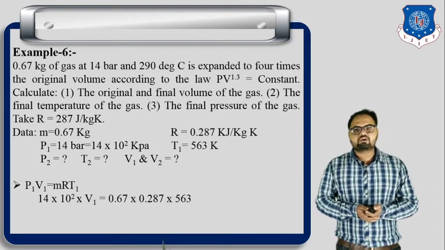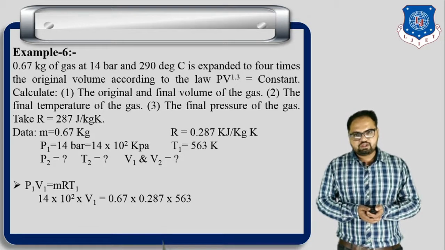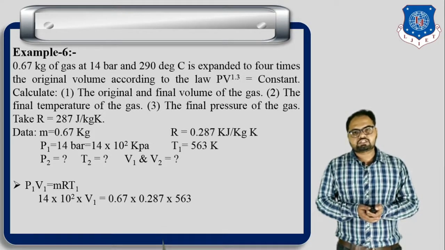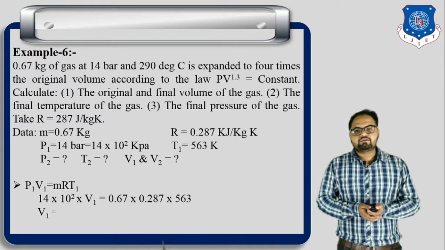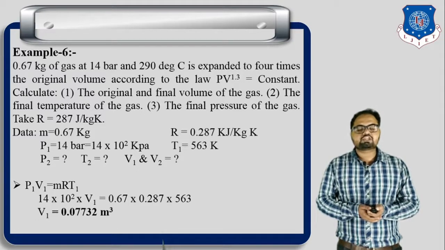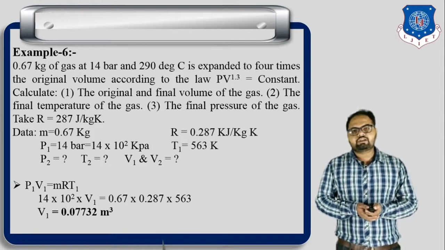So P1 is 14 into 10 raised to 2, V1 we need to find, mass is 0.67, R is 0.287, and T1 is 563. By simple calculation, we get the value of V1 as 0.07732 meter cube.